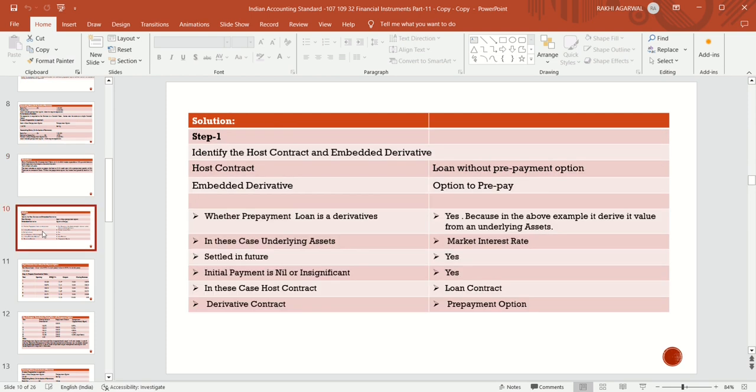And the initial payment is nil or insignificant. Yes, there is no such payment initially. In this case, the host contract is the loan contract and the derivative contract is the prepayment option, the option to prepay the loan before the term period is over.